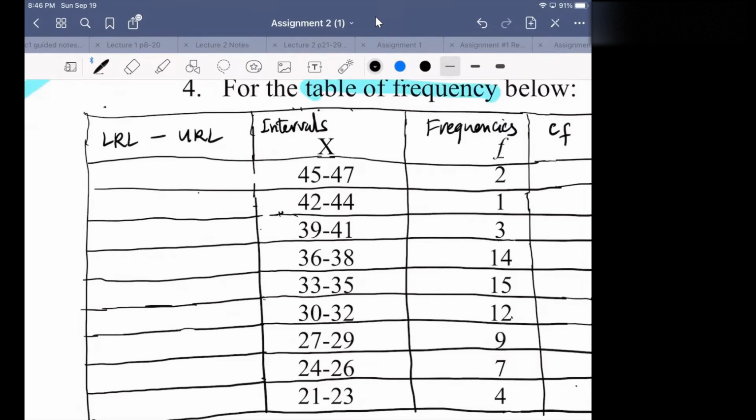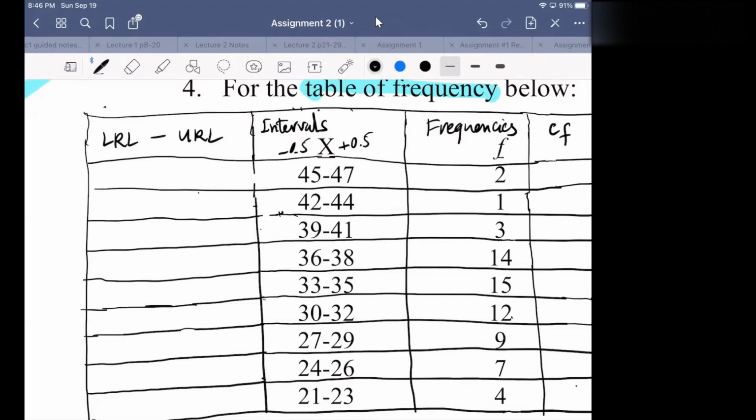You just need to subtract 0.5 from the number on the left. And to find the upper real limit, you just need to add 0.5 to the number on the right of each interval.